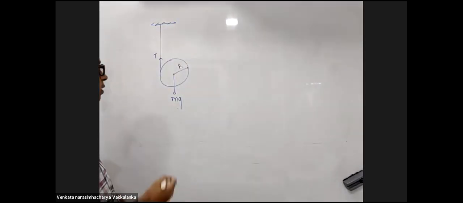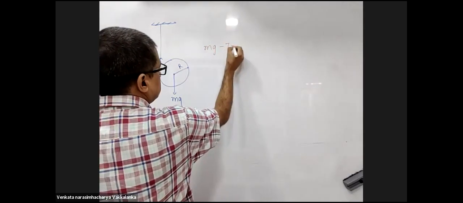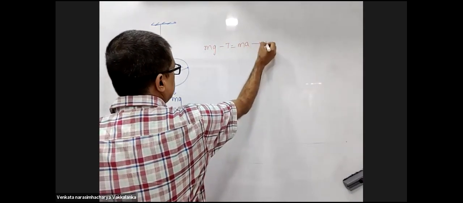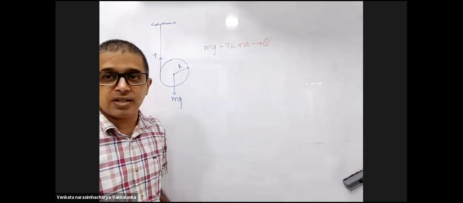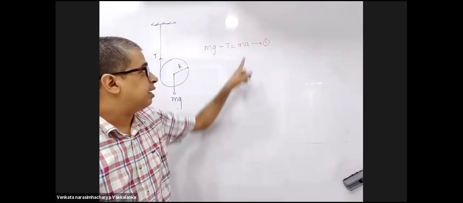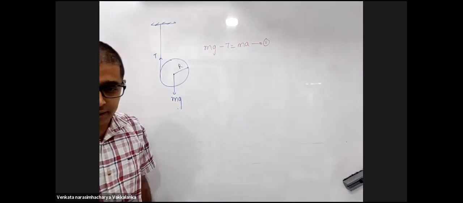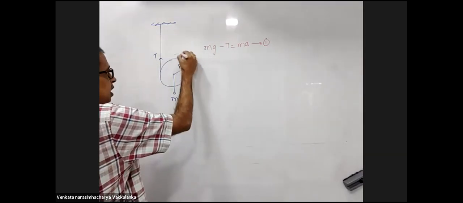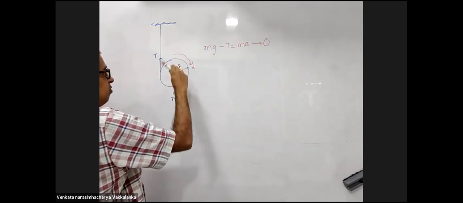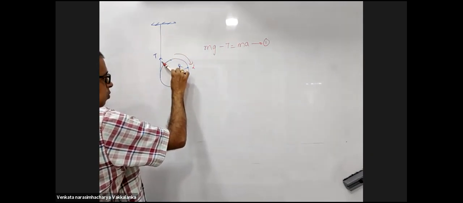Now listen. Translational dynamic equation: mg minus T is m into a. A will be the acceleration of center of mass of the cylinder. Then comes rotational dynamic equation. Alpha will be clockwise because tension produces clockwise torque.